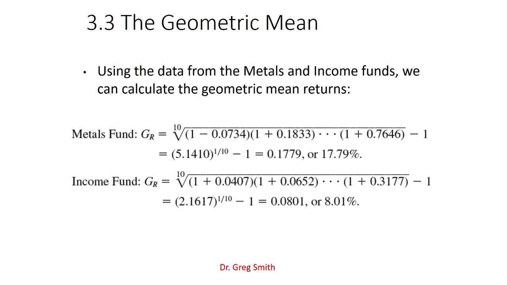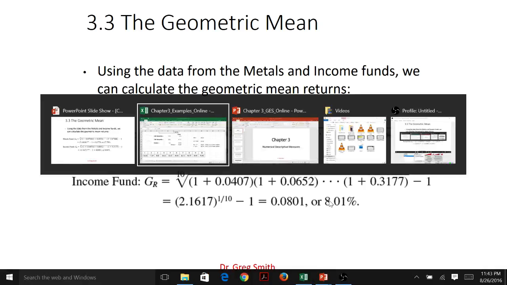So if I look at the metals, for example, and the income, they can be converted, each of them, to a return. Take 1 plus each. In this case, it reduces. This was a loss in the first period all the way through the end. Take the 10th root, and you find out the average return for each. Let's take a look at that in Excel.